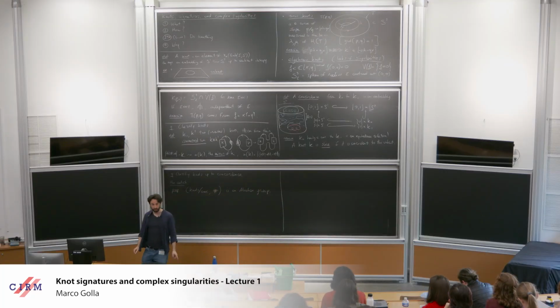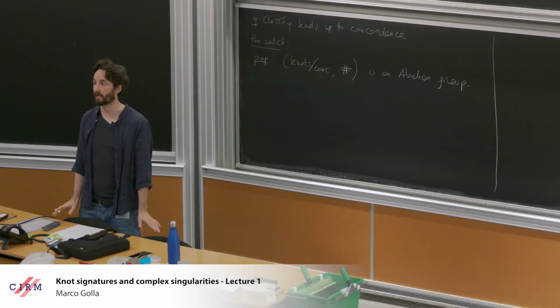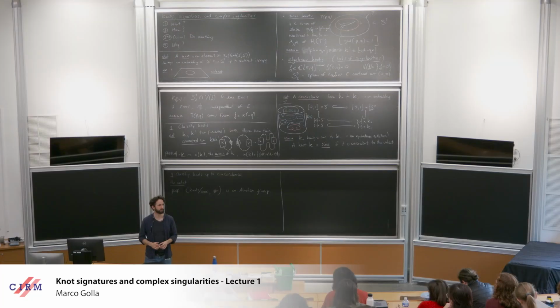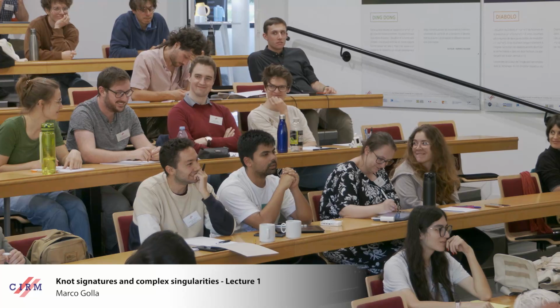That's a good question. The other good question that has not been asked, and that I've been really avoiding so far, is in which category am I working? Implicitly, I'm a smooth topologist. Apologies to the people who do some locally flat stuff that I think are concentrated over there.